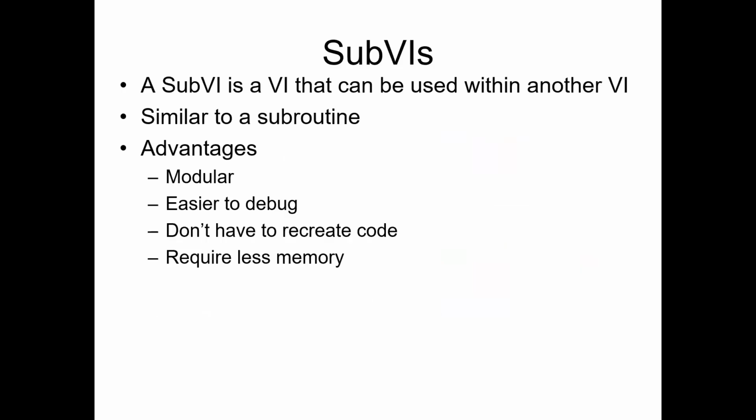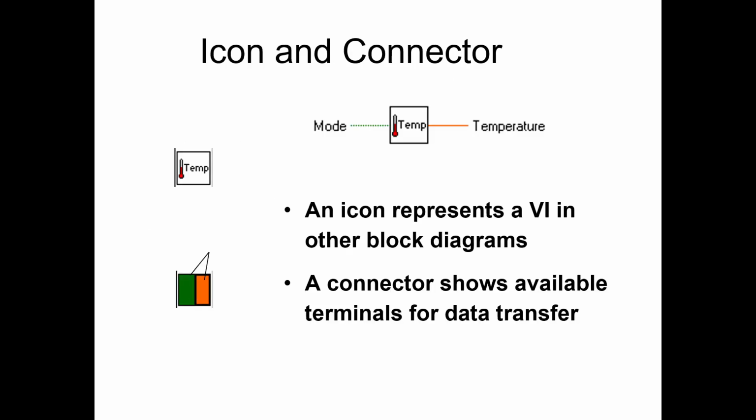A SubVI is similar to a function in C or a subroutine in the microprocessor. Whenever any VI is used in another VI, it is known as a SubVI. The advantages of SubVIs are that they are modular, easy to debug, you do not have to recreate the code again and again, and they require less memory.